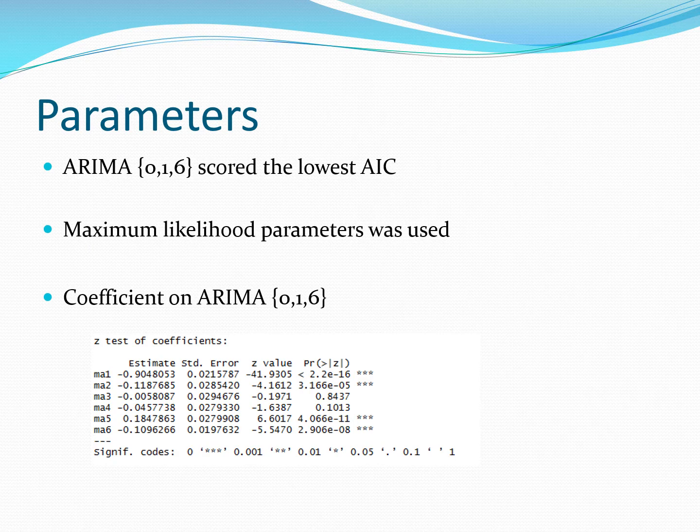After ensuring that the series is stationary and specification of orders of ARIMA models, our next step is to estimate the parameters of the tentative models. For the purpose of this project, maximum likelihood is being used, and out of the tentative models we have identified on the previous slide, ARIMA 011 scored the lowest AIC.